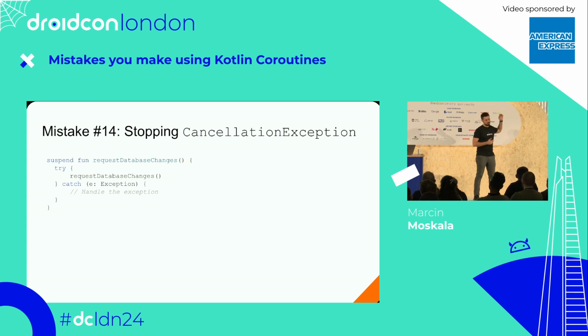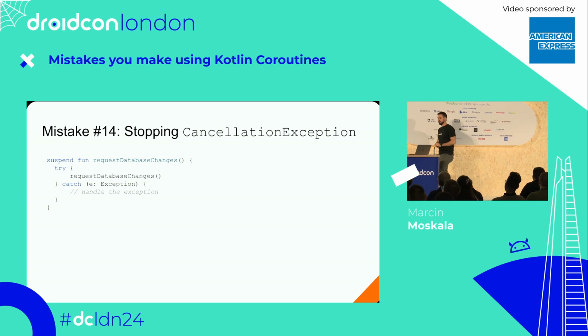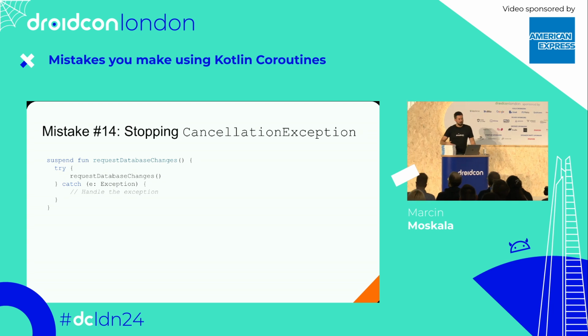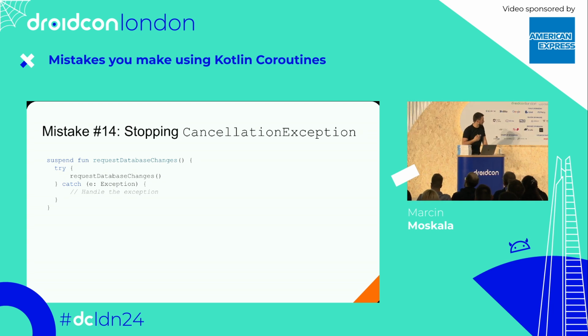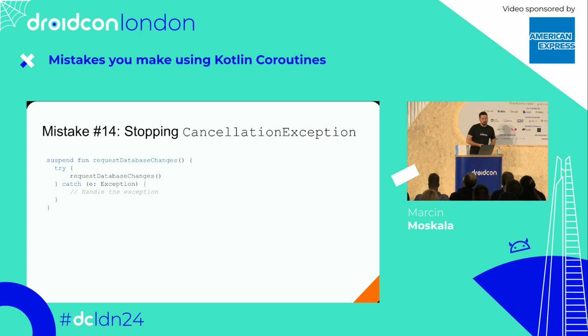We catch this exception, okay, that's an exception from the function, but it might be also an exception that is the result of cancellation. And if it is, then you are stopping this exception, you are not propagating it further, and someone who would be checking, for instance, why it was finished wouldn't know why, or another function wouldn't know we are in the canceling process.